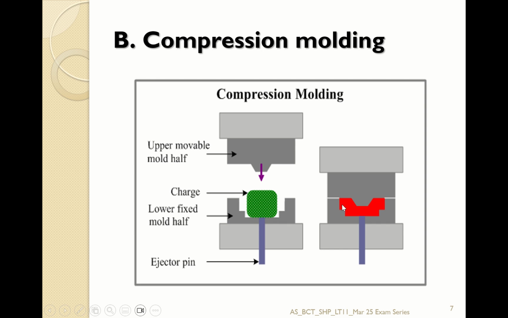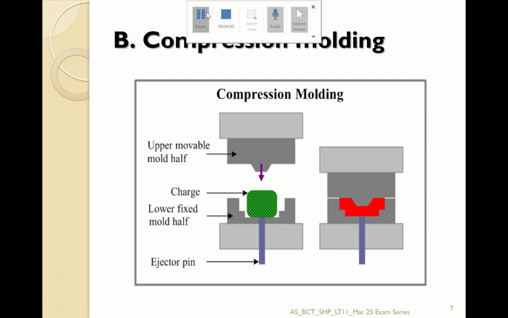So when you compress it, it will be squeezed to occupy this shape. Okay, and then you cool it, and then it will become solidified into this shape. Then this ejector pin will push this polymer out from the mold, and that's it. So this is compression.